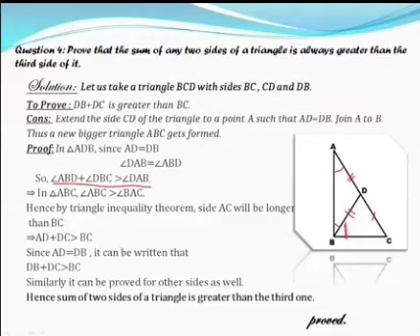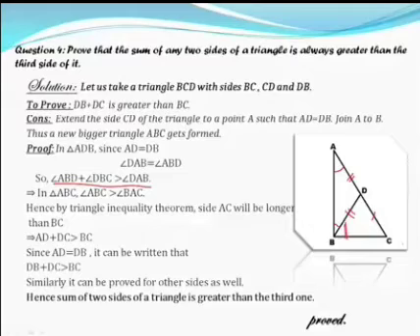So in triangle ABC, if we take this whole triangle ABC, we can find that angle ABC, or simply angle B, is greater than angle BAC, or angle A. So by the triangle inequality theorem, we can infer that the side AC will be longer than BC.